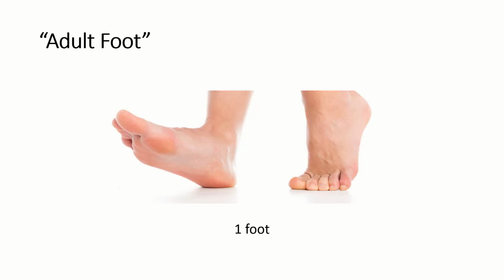Then, of course, the most common unit for US customary is the foot. Just imagine an adult foot. That's approximately 1 foot itself. Going back to the video that you've watched, the only issue that we have during medieval times, during the Egyptian period, is the problem of having foot as a unit: people have different sizes of foot.